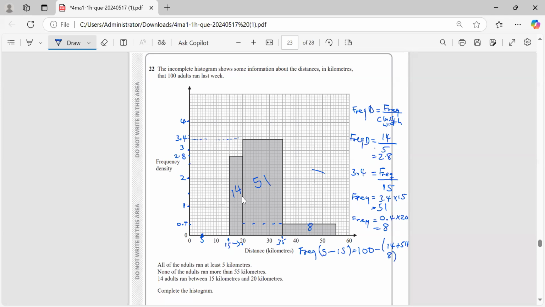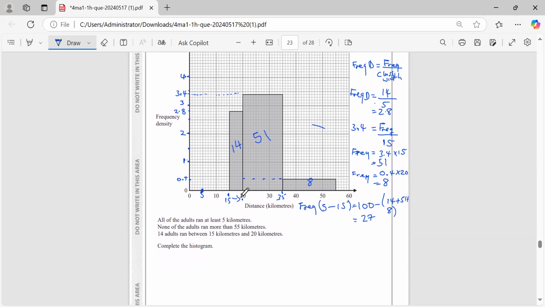All right. So if you do 100 minus all that, you get 27. So you now have 27, and then you need to come up with the frequency density of 5 to 15.